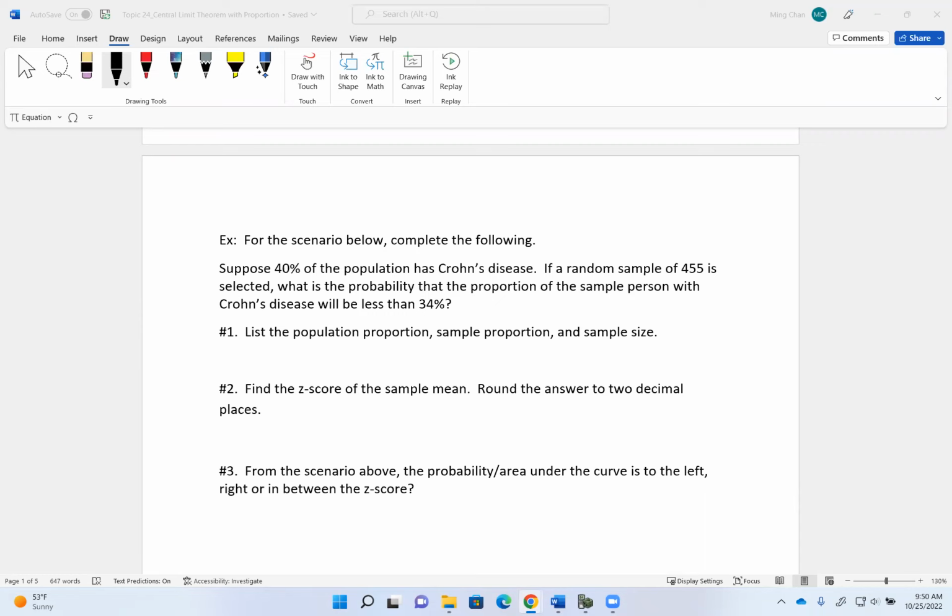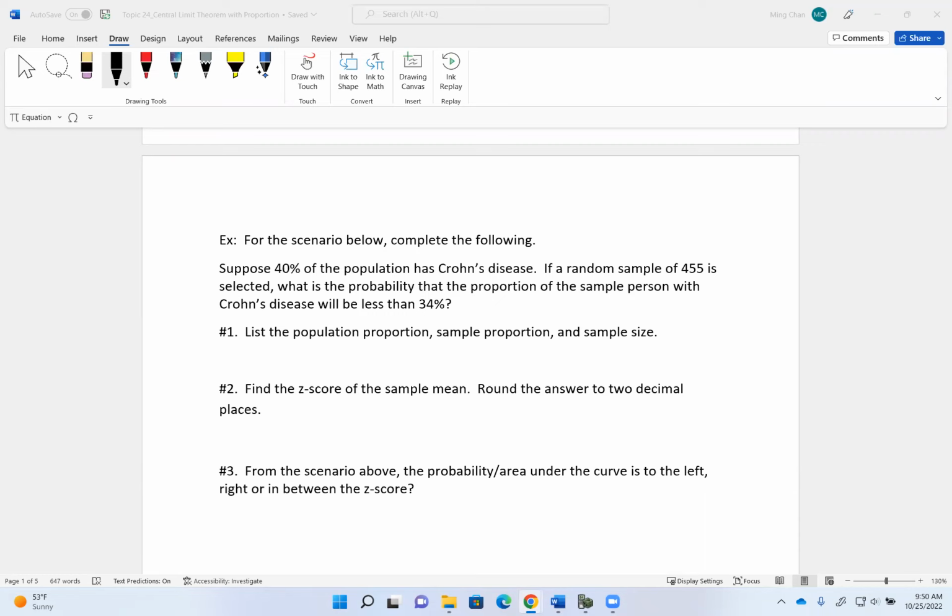We know about 40% of people have Crohn's disease. When we take a sample of 455, what's the probability that the percentage of those 455 people with Crohn's disease is less than 34%? This 34% is the sample proportion coming out of the 455.